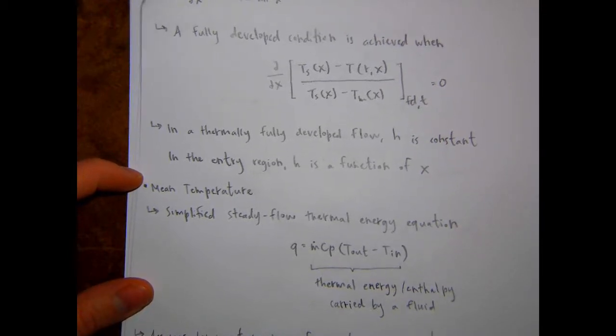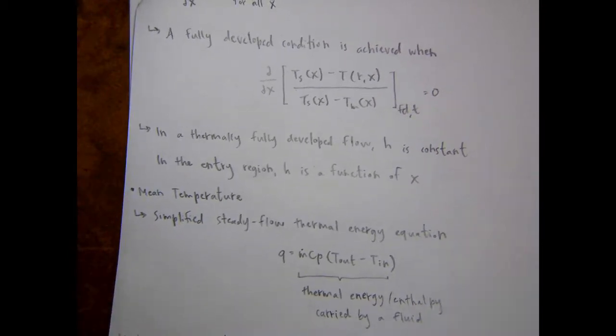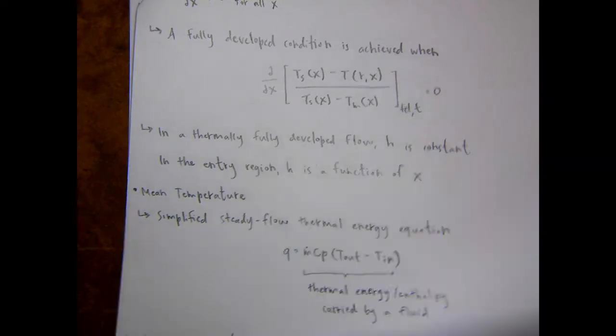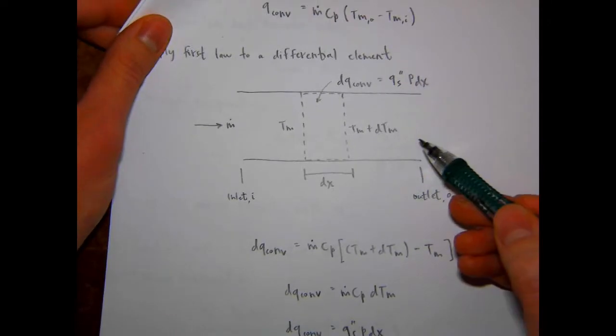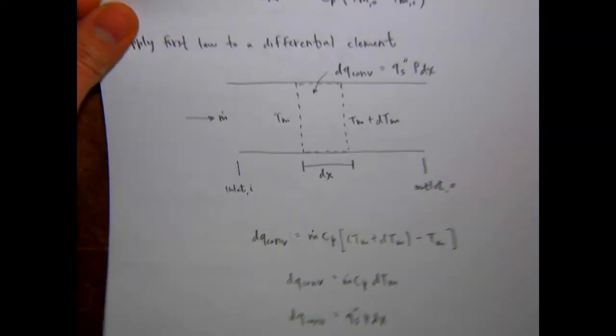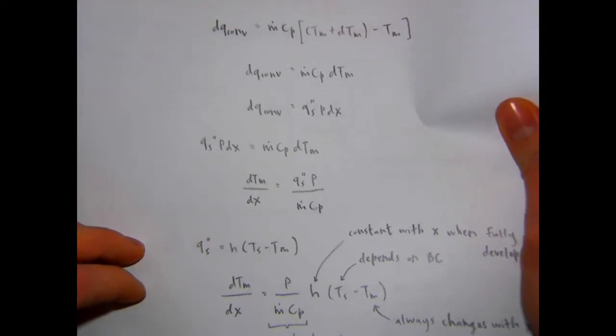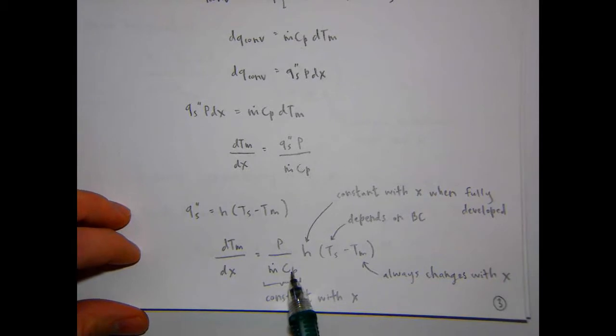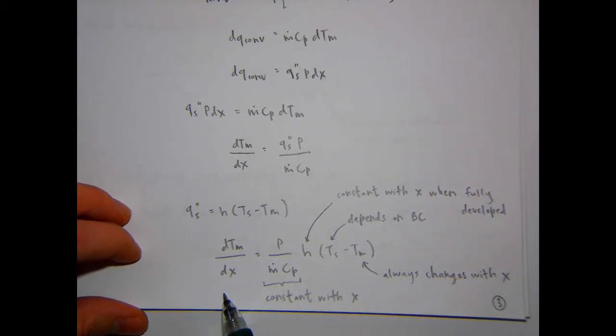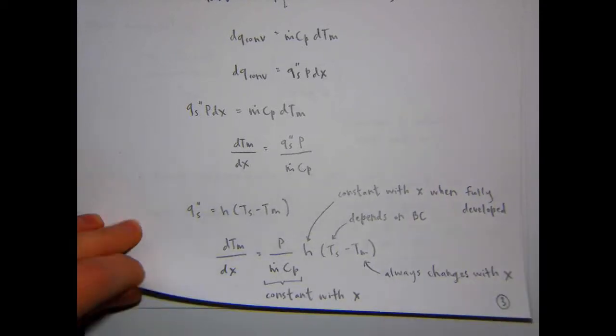And doing that, we can set up a first law balance around a differential element in a pipe, and then solve it for a differential equation. And then we can apply boundary conditions, either a constant surface temperature or a constant surface heat flux, and then we can get the temperature distribution in the pipe for those boundary conditions.